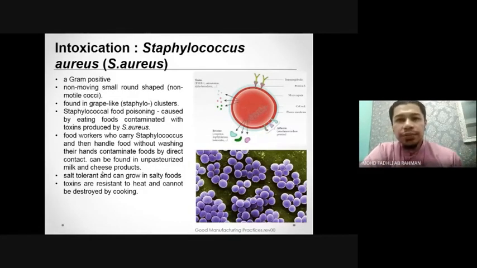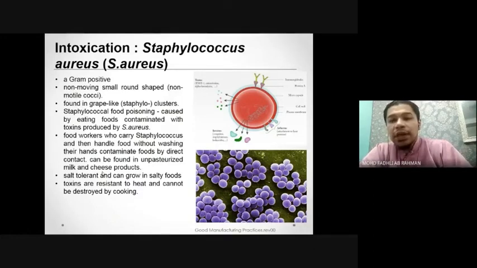So it affects humans through what we call staphylococcal food poisoning. Okay. Normally, this type of bacteria comes from food workers, or the human factor.